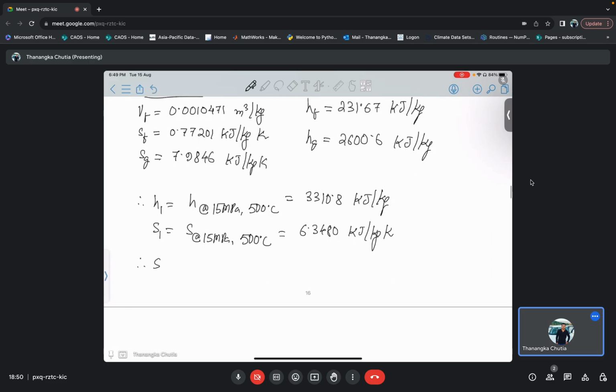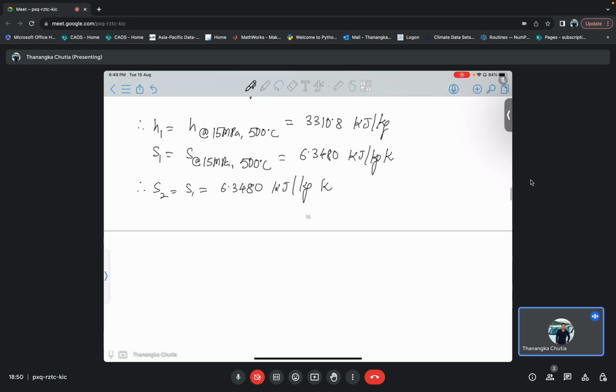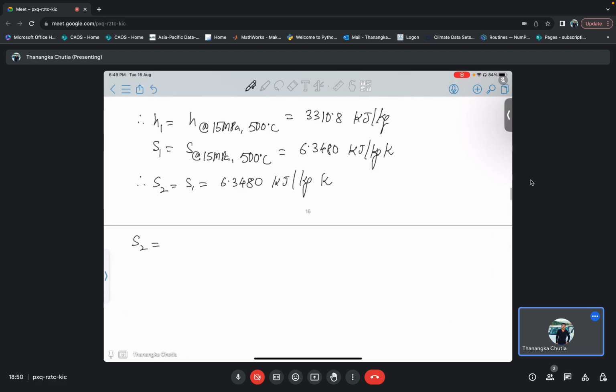So again S2 is equal to S1 is equal to 6.3480 kilojoule per kg Kelvin. And from here S2 is equal to Sf at 0.016 megapascal plus X2 times Sg at 0.016 megapascal minus Sf at 0.016 megapascal.